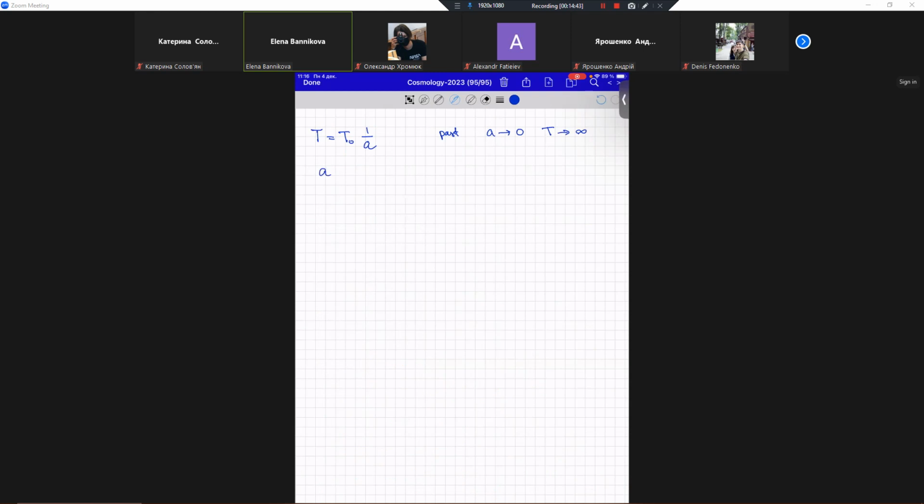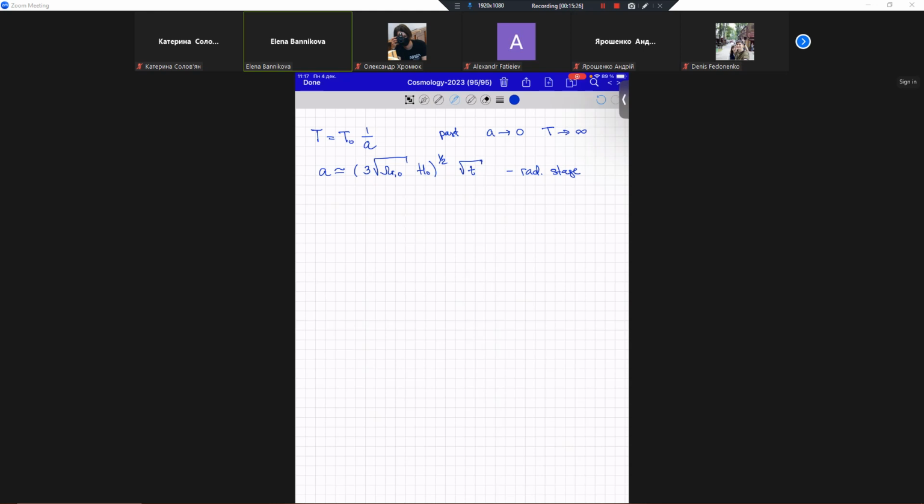So a equals 3 square root of omega R0, H0, to the power 1 divided by 2, times square root of t. This is the relation for the radiative stage. We discussed already that the universe has three general stages, and when we go to the really early time of the universe, we need to use this expression.